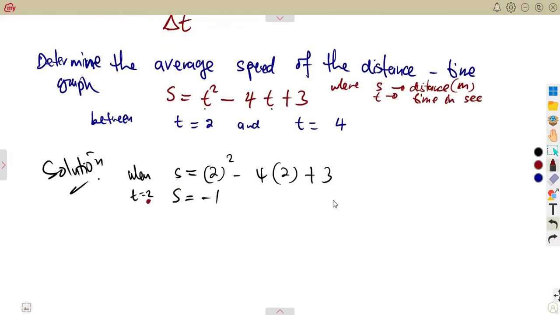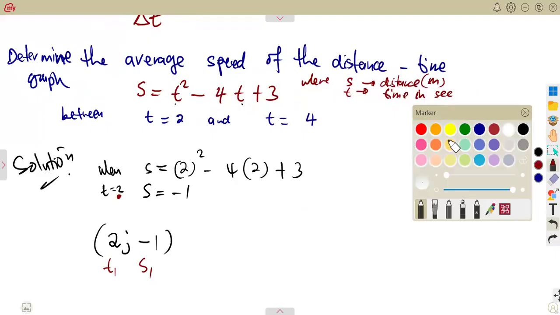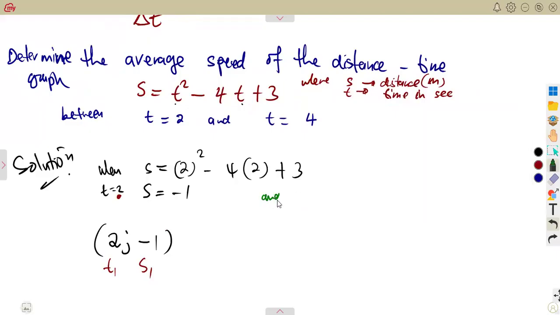So it's a point, t versus s. Our t is 2, so there we have got the point (2, -1). It's just like we have the point t1, s1, just like x, y. You do the same thing, so there's even no need for you to sketch this. You do the same thing, guys, where t is equal to 4.